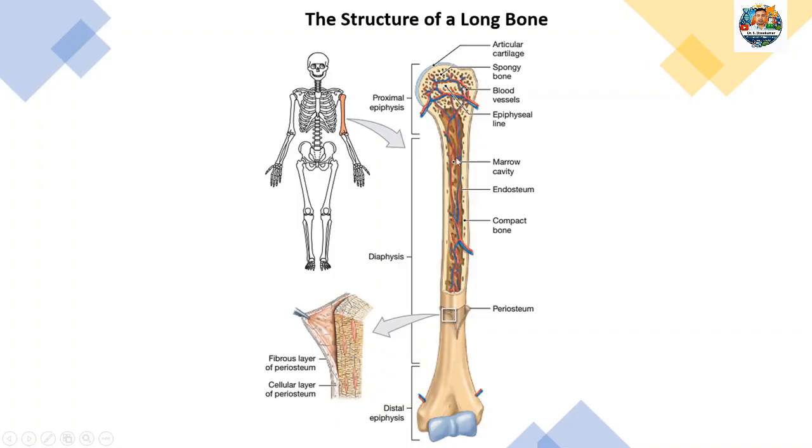The inside of the bone is supplied sufficiently with blood vessels, and the inside of this bone is filled with marrow, and the region filled by this marrow is called the marrow cavity. Just below the periosteum, there is a type of bone tissue called compact bone.